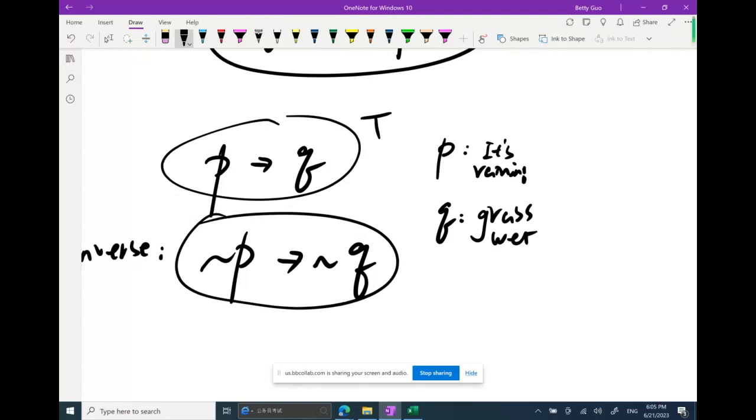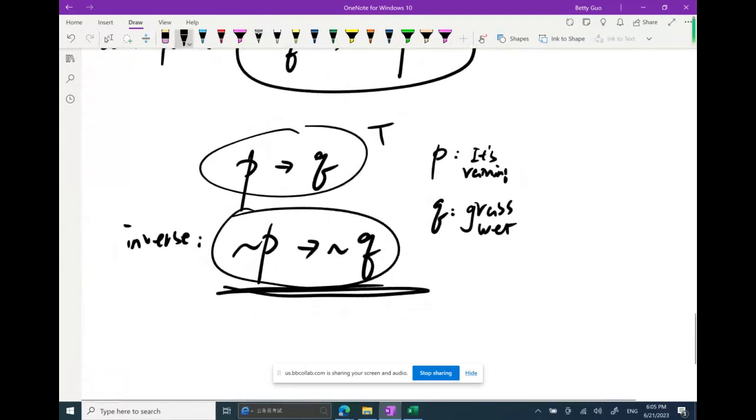However, its inverse is not necessarily true. The inverse can be translated as if it's not raining, then the grass is not wet, or is dry. Well, when it's not raining, the grass could be wet for many other reasons, right? You could manually water your grass.